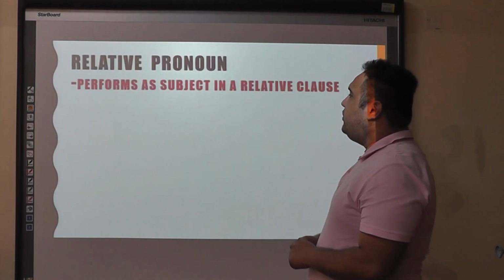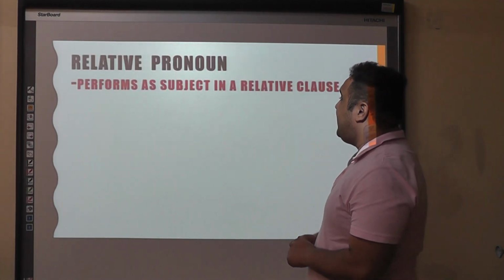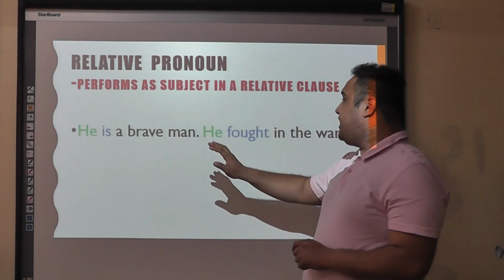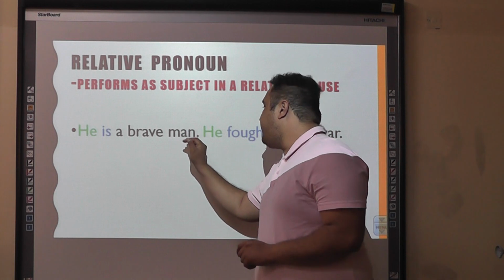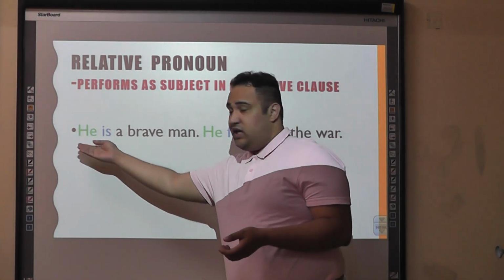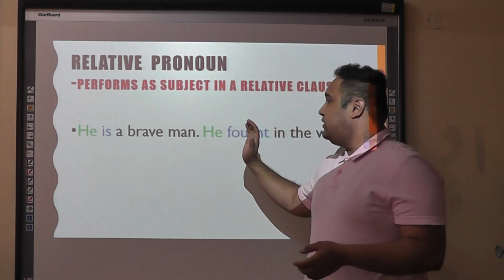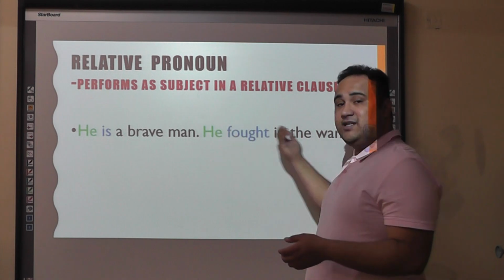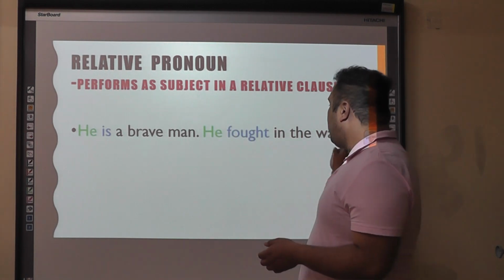Okay, now, a relative pronoun performs as a subject in a relative clause. Let's take an example here. He is a brave man. He fought in the war. Okay, the subject is he, the verb is. This is the first sentence. The second sentence is he fought in the war.